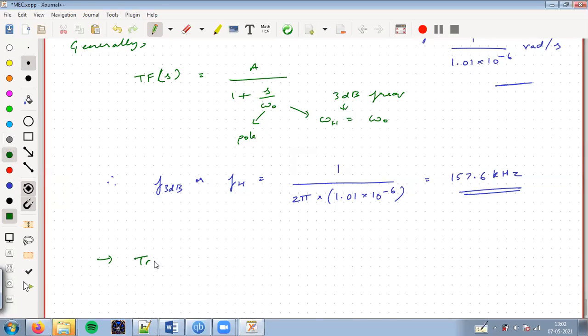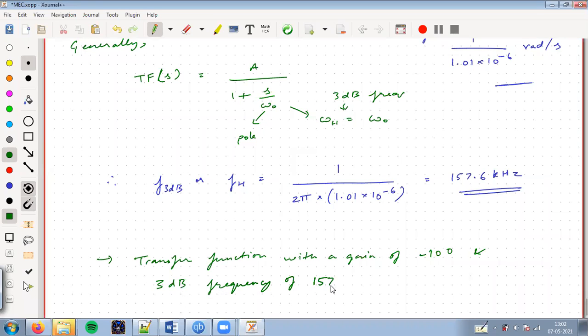So on a final note, I can say that it is a transfer function with a gain of minus 100 and a 3 dB frequency of 157.6 kilohertz.